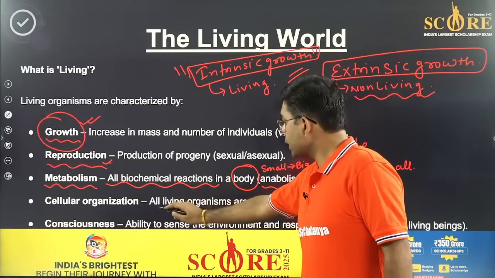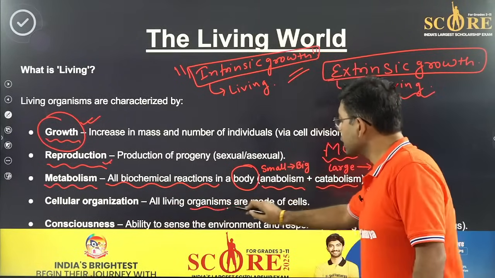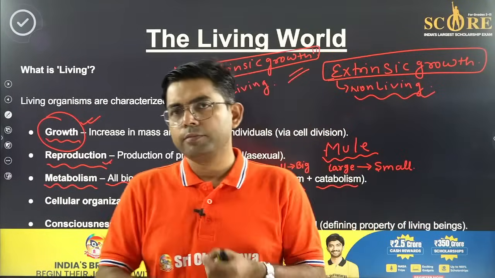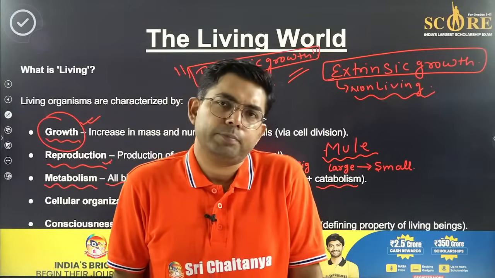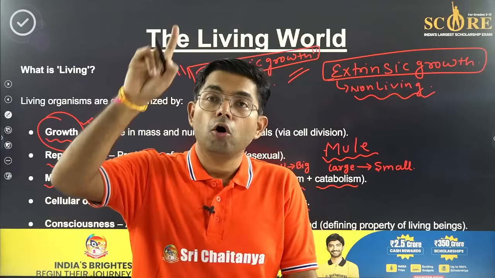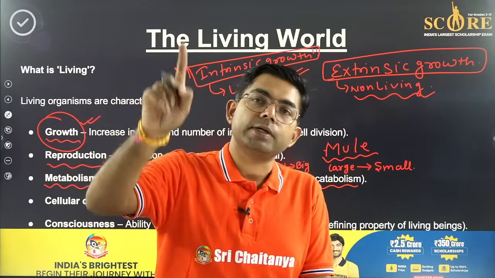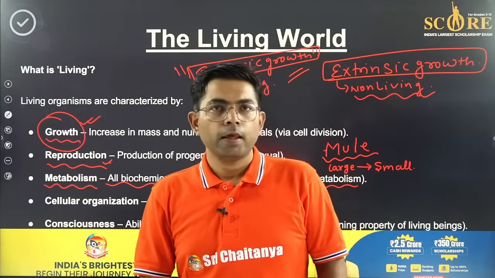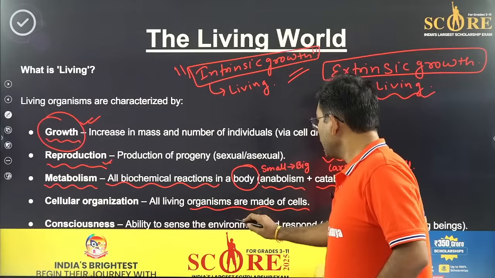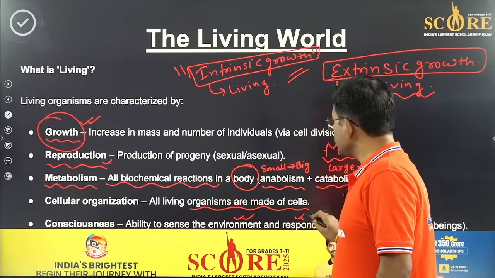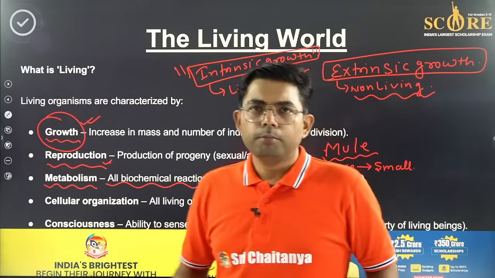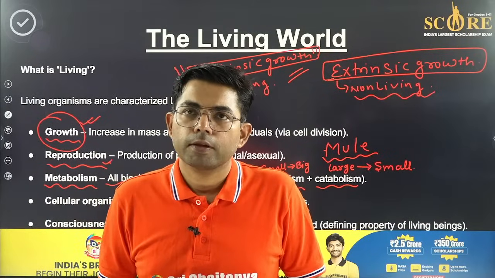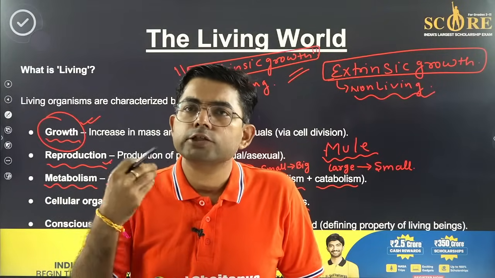Then cellular organization. All living organisms are made up of cells. This is the meaning of cellular organization. Can there be any living organism which is not made up of cells? No. All living organisms are always made up of cells. Then the last one is consciousness. Consciousness means responding to the surroundings, right? It means I am breathing in response to the surroundings, my interaction with the surroundings.